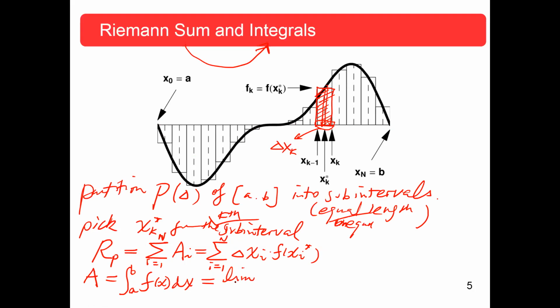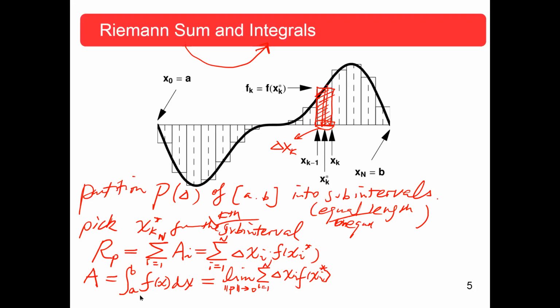This is one limit of the partition going to almost 0, then each of these delta x_i will approach 0. Taking that limit, the limit of the sum of delta x_i times f of x_i star, i goes from 1 to n.